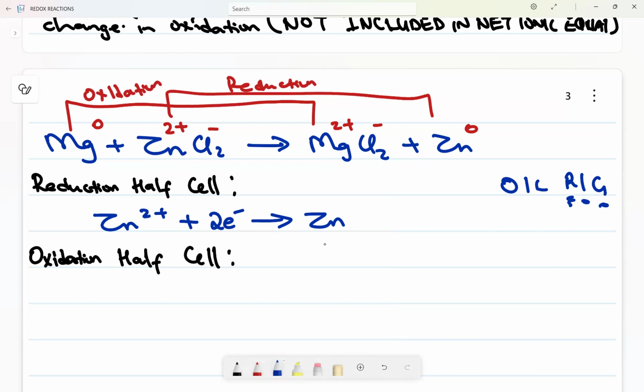So Mg went to Mg2 plus. But the question is, according to OIL RIG or according to electron transfer, what is oxidation? We know that oxidation is loss of electrons. So it means Mg lost electrons. How many electrons? 2, again, because it is 0 here.